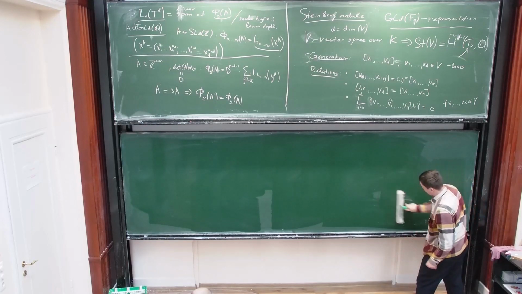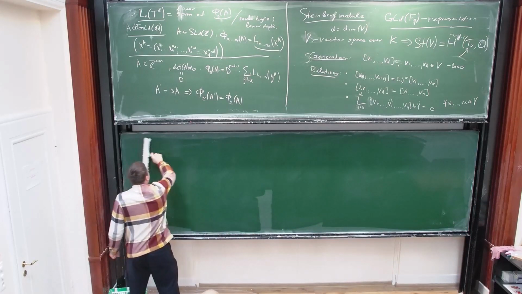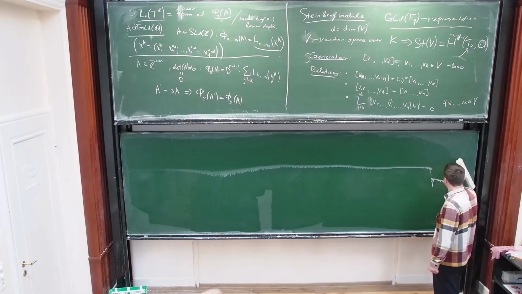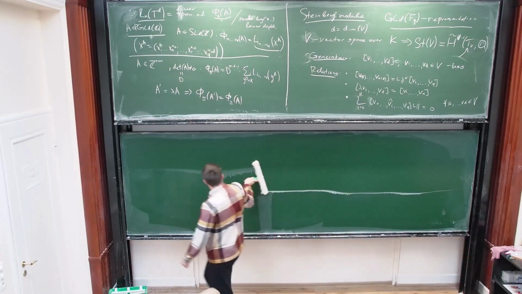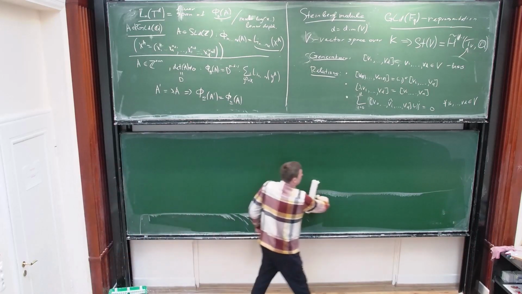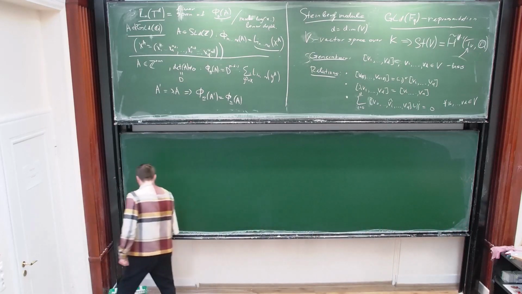Simple thing. And it's a GLV module. So if you act by GLV on each element, the point is, as a GLV module, it is the naive thing you expect.